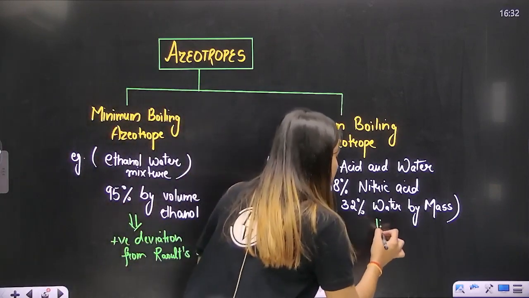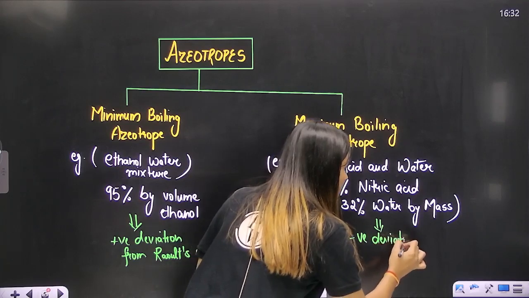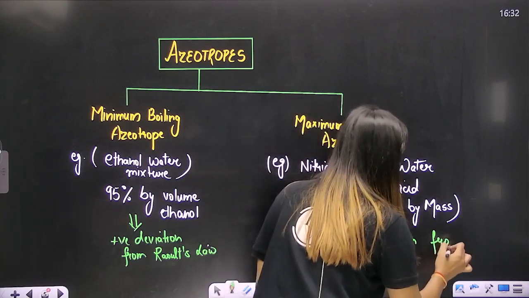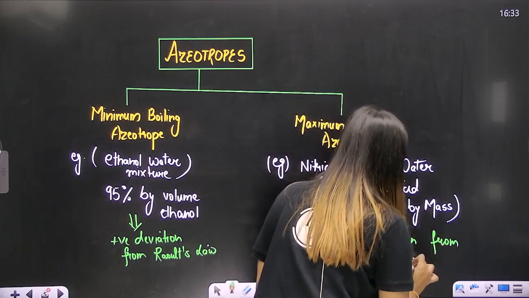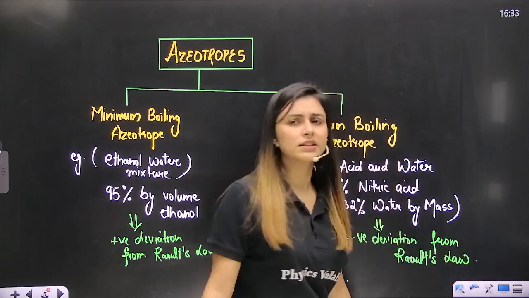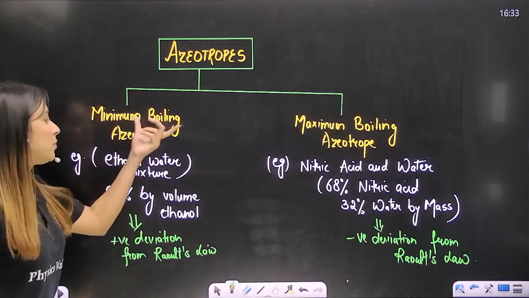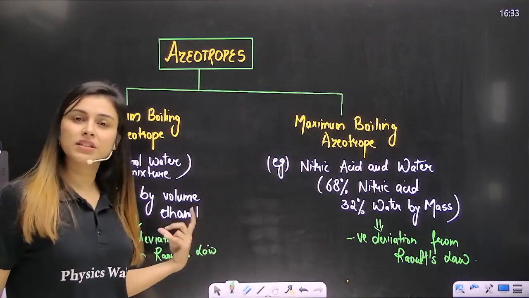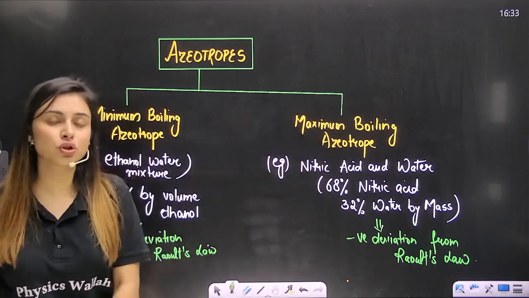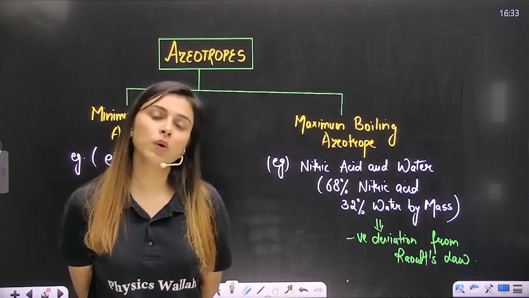So we can say that these show negative deviation from Raoult's law. So this is how you can understand this: always and always, my dear students, a minimum boiling azeotrope will show a positive deviation from Raoult's law, and a maximum boiling azeotrope will show a negative deviation from Raoult's law. This is how you understand this part.